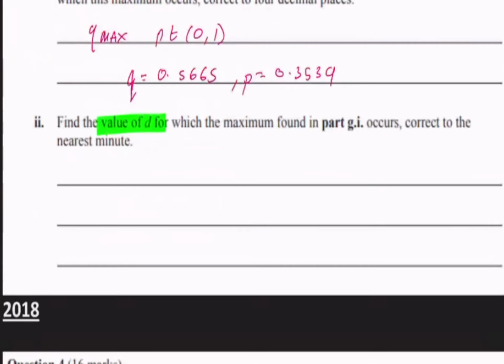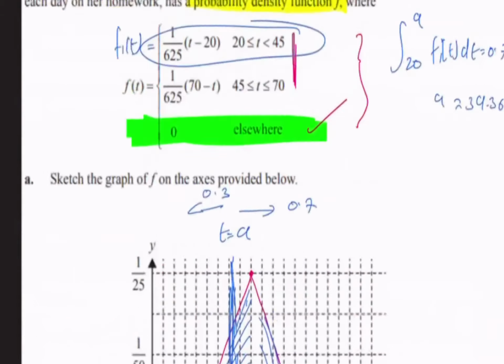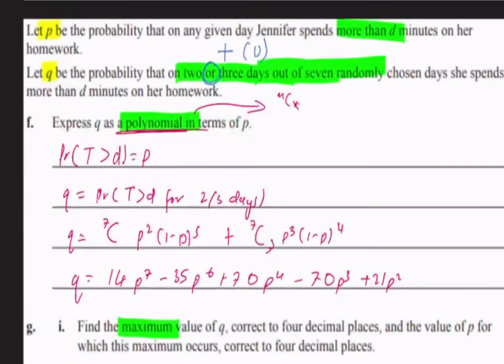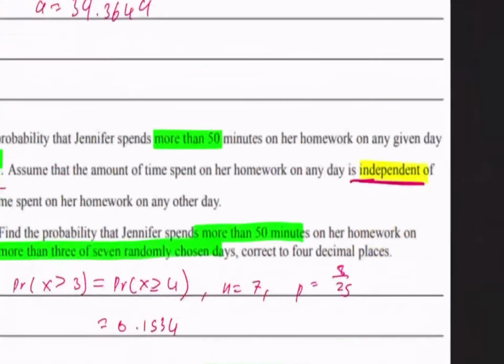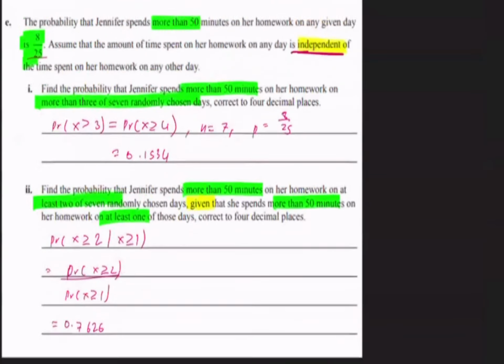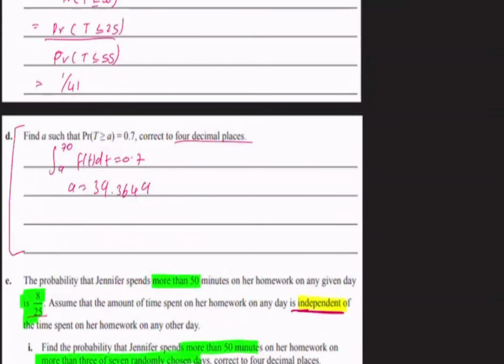So now we need to find the value of D. As we said before, the probability that T is less than D is P, which we now know is 0.3539. If we remember from our T, the way we figure out the probability is we use this hybrid function. This question, asking us to find D, is the same exact question as when they asked us to find A, except the probability values changed.